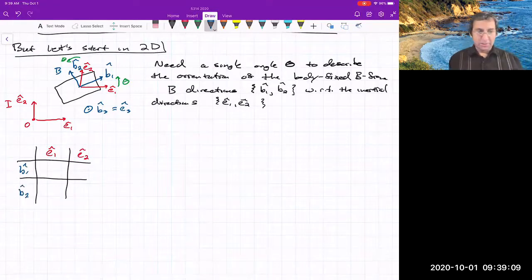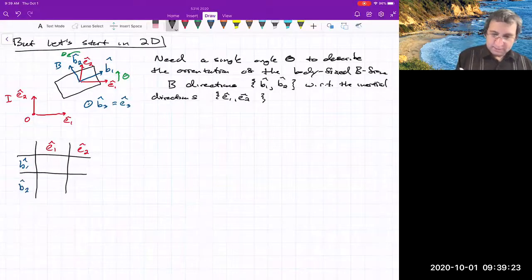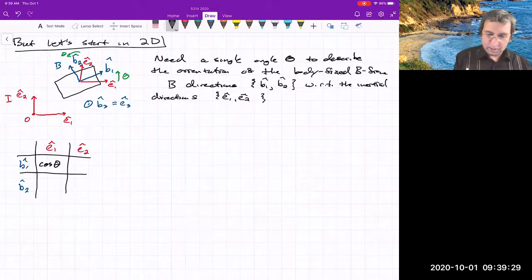And then in each of the boxes, I'm writing the dot product of those two unit vectors. And the dot product is typically going to give a sine or cosine. So E1 dotted with B1 is cosine theta. B1 dotted with E2 is sine theta, and so on.